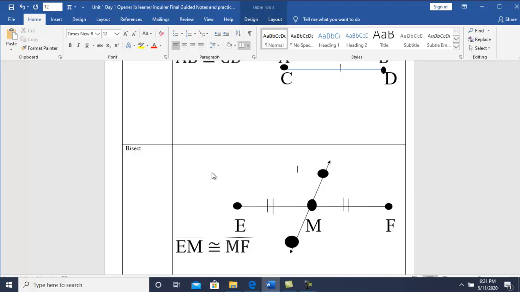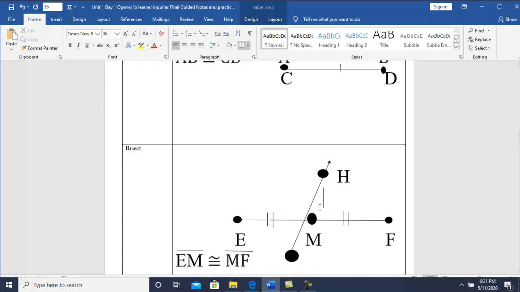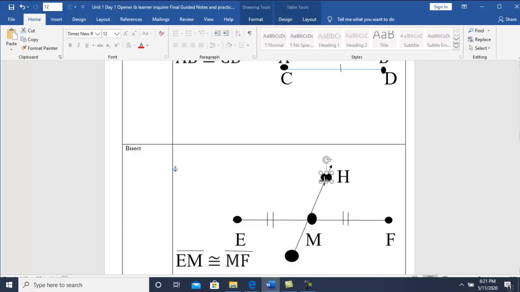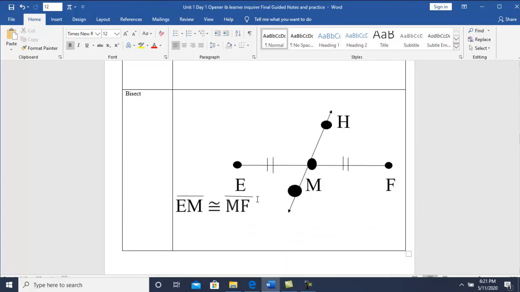Over here, we'll call this point H. Let's make this a little bigger so everyone can see it. I'll have to extend the line a little bit because it's a little short. We'll put this point down here, and we'll put a point over here.